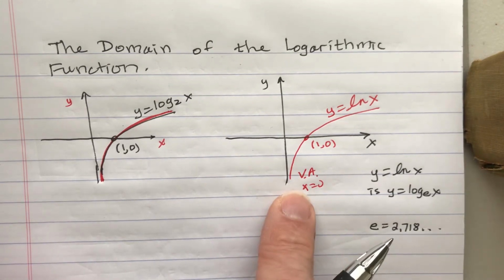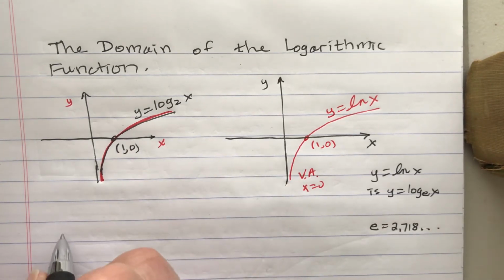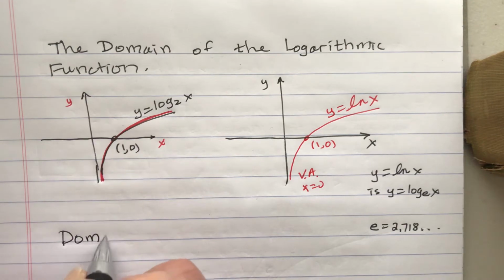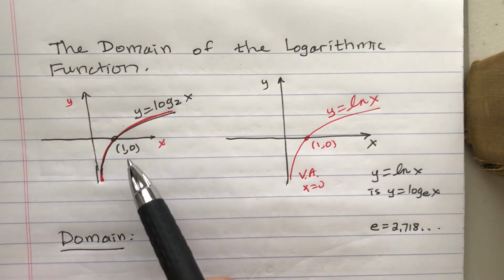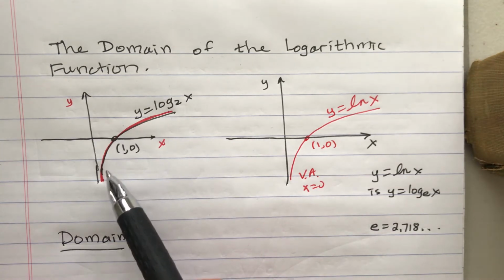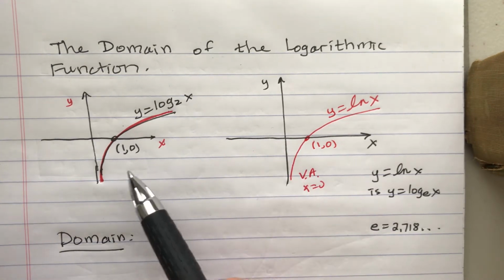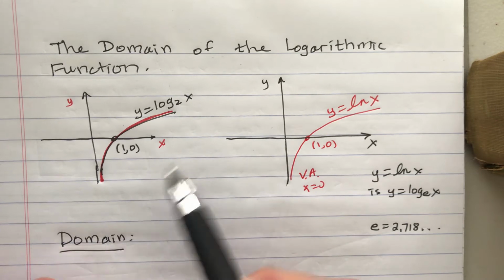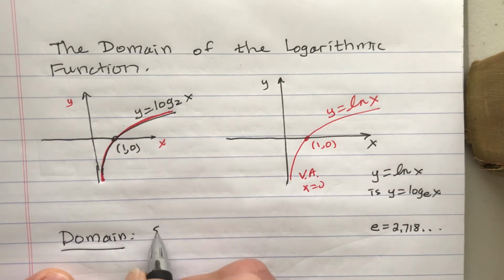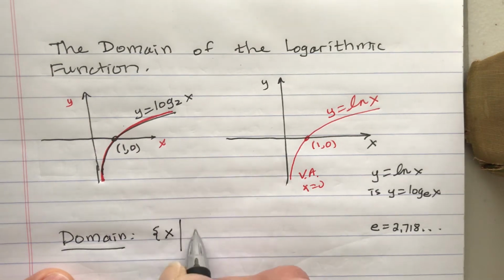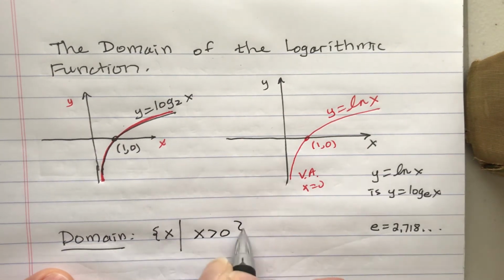So if we look at these graphs, the domain is what? Well, domain is possible x values. So we can see from this graph, if you can believe that's true, we can believe that the domain is all x such that x is greater than 0.